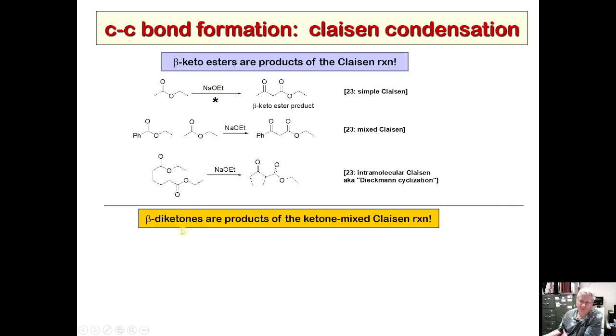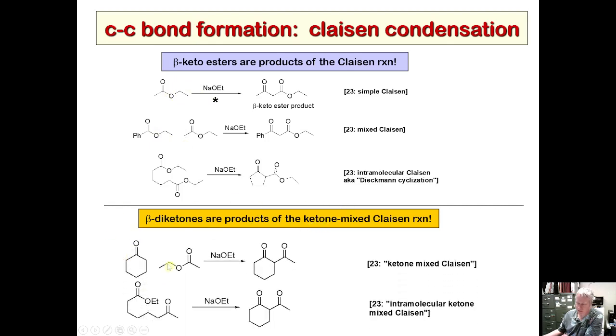It's the same idea, except in the regular Claisen two esters are reacting together. In the ketone mixed Claisen, a ketone is reacting with an ester. The ketone has the more acidic proton, so the ketone's always going to be the nucleophile. Make the enolate, go attack, kick off this group, and you get the beta diketone.